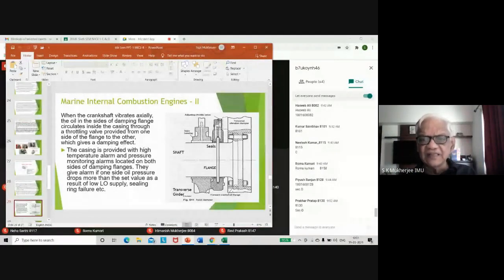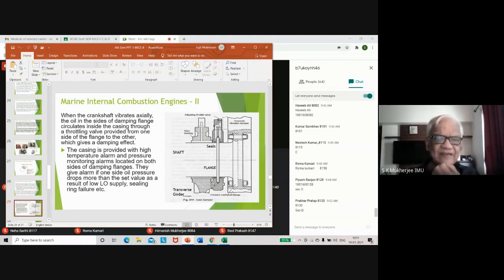So this is your axial vibration damper, and it is fitted, or rather welded, I think welded only. It is welded to the transverse girder at half the circle, in the semicircle, so it gets maximum area for transmitting the energy.